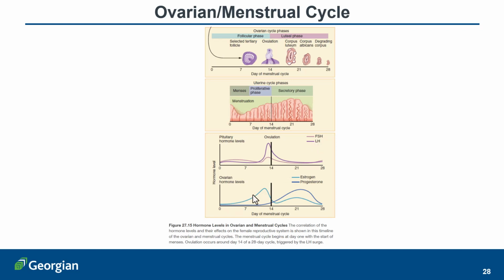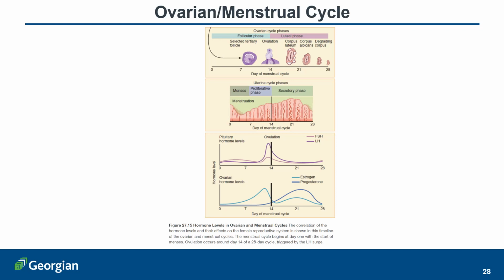The FSH would ultimately stimulate the granulosa cells to convert testosterone to estradiol, and you can see the concentration of estrogen increases. Estrogen has mainly a negative feedback effect on the release of LH and FSH, but at some point you can see it switches from a negative feedback effect to a positive feedback effect. So estrogen levels somewhere over here will switch to a positive feedback effect that causes the surge in LH, which is ultimately what triggers ovulation.